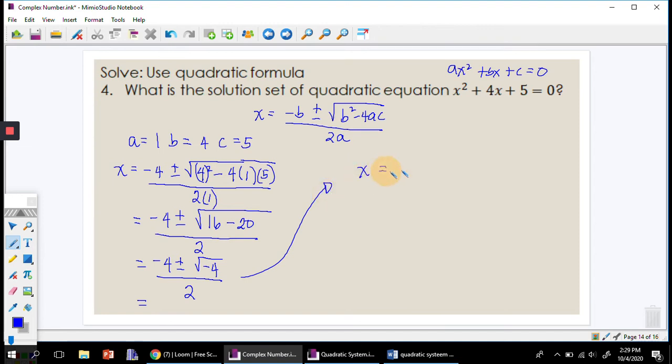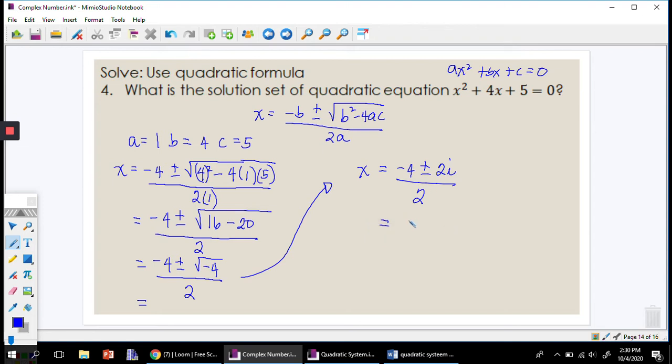So x is equal to negative 4 plus minus the square root of negative 4, all over 2. This is negative, so therefore we will have an imaginary number here. So that will be 2i, because square root of 4 is 2, and since it's negative, you just have to add i, all over 2.